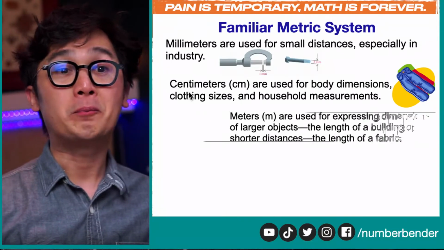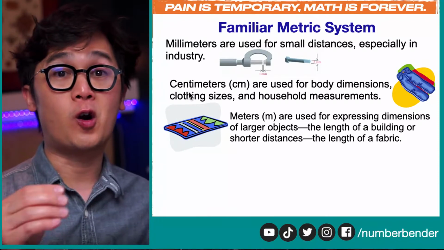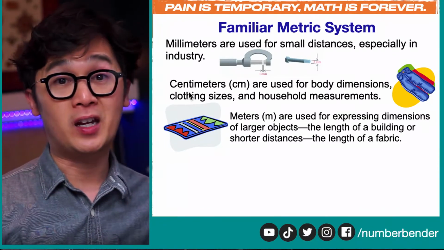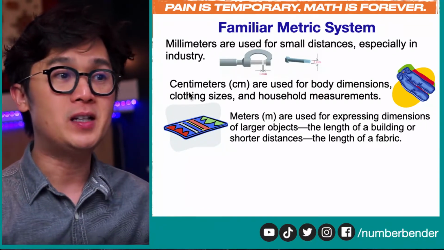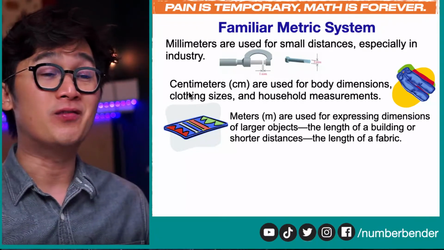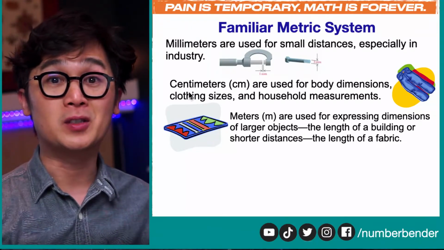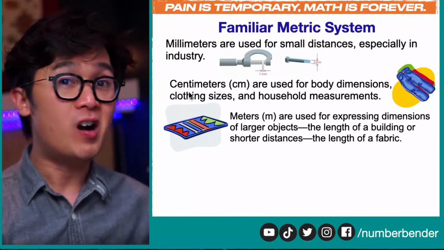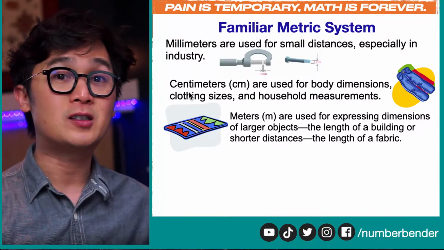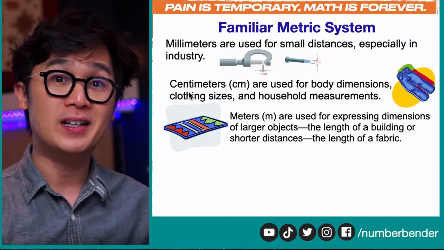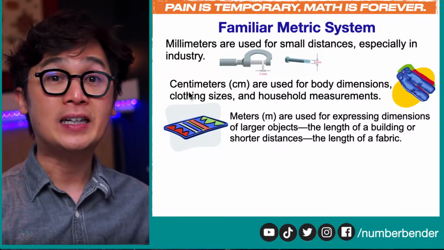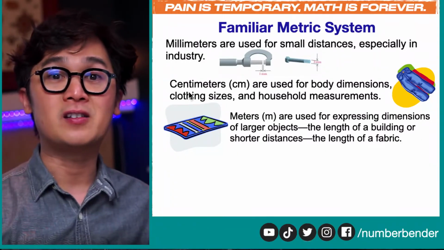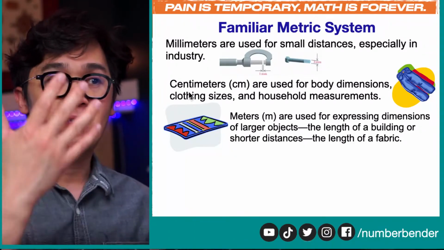And meters are for a wider, bigger, or longer measurement. So a rug or a certain fabric, if we're going to buy it from a store, is sometimes in meters, sometimes in yards. So this is how you can visualize what 1 meter is, so that you will have an idea on how you can visualize those units of measurement in this form.